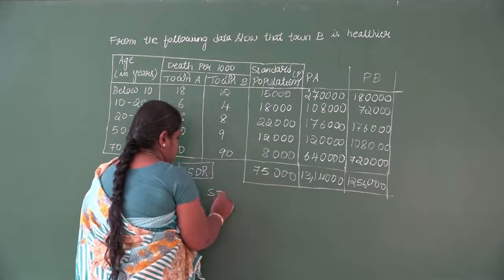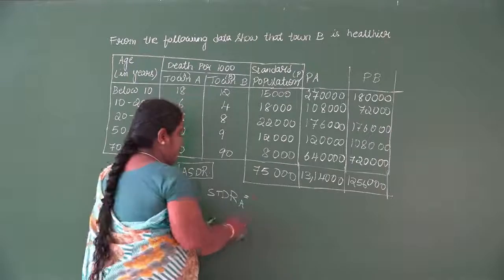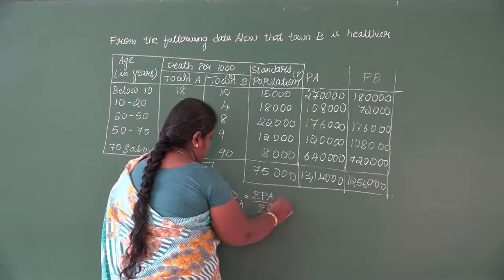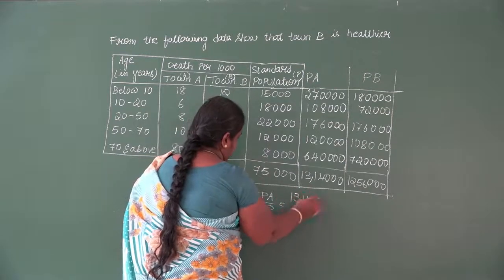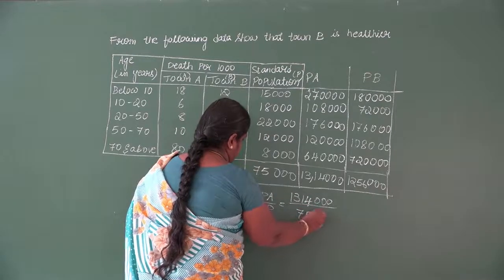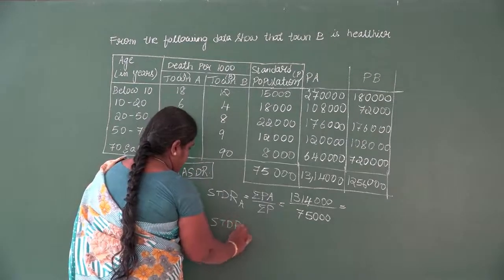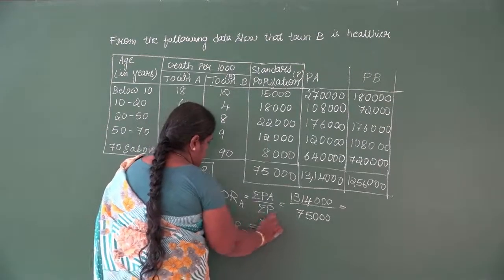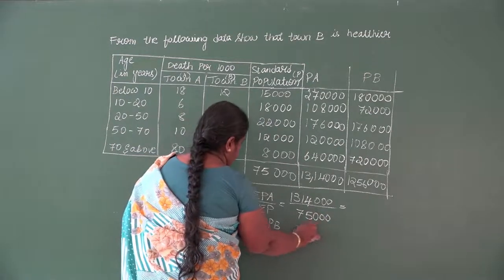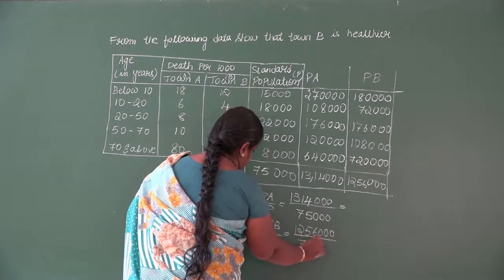So STDR of A. This one you will be calculating for A separately, then for B. So sigma PA divided by sigma P. So it is 1314 and 3 zeros divided by 75,000. Similarly for STDR of B, sigma PB divided by sigma P, which is 125600, 3 zeros and 75,000.